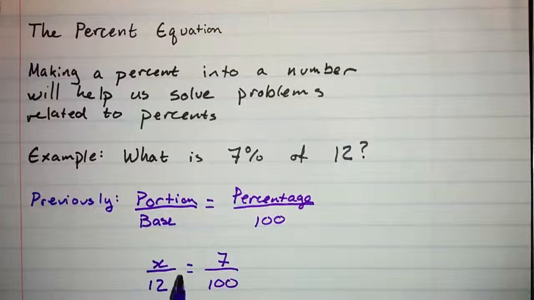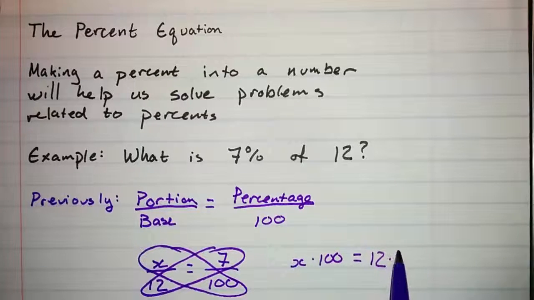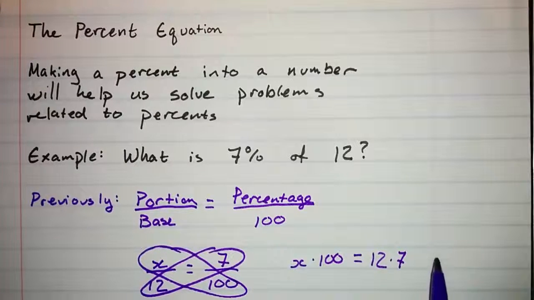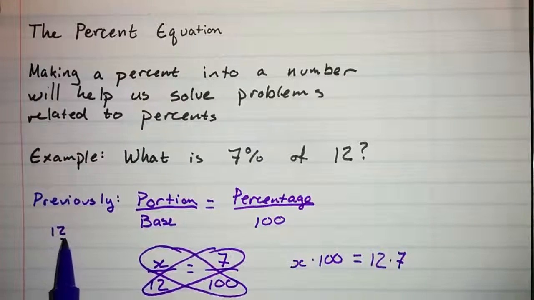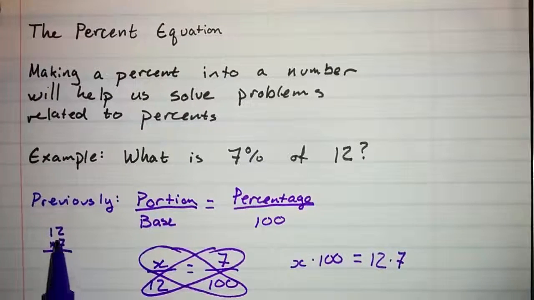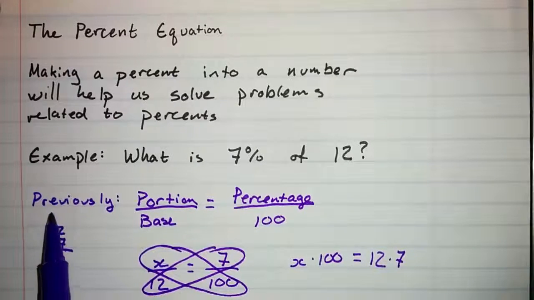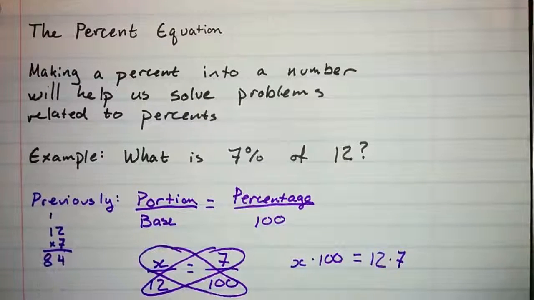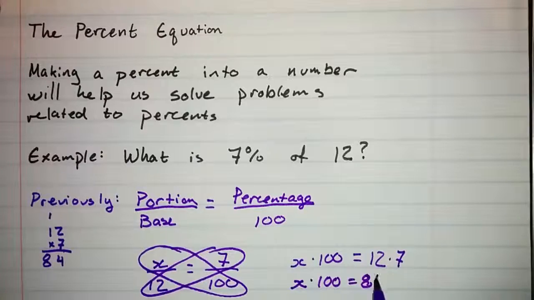Now we cross multiply. X times 100 equals 12 times 7. Let's see. Seven times 2 is 14. 7 times 1 is 7, plus 1 is 8. X times 100 is 84.